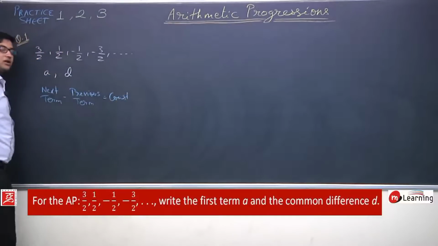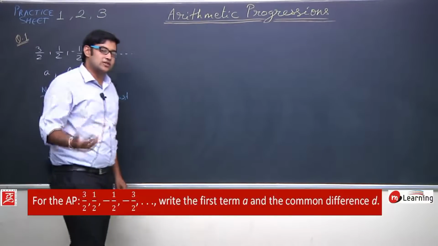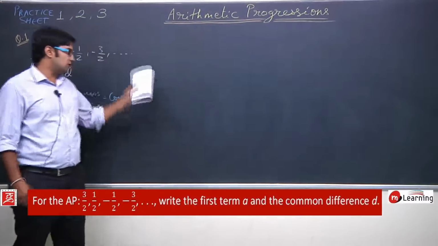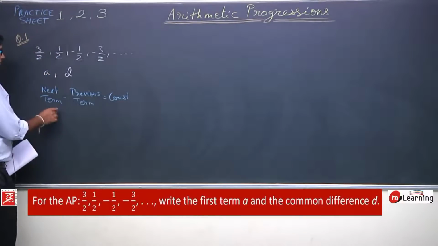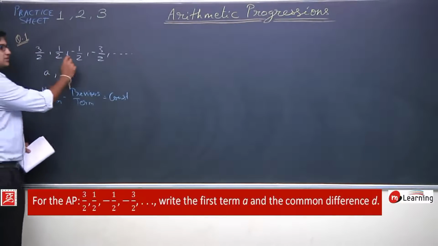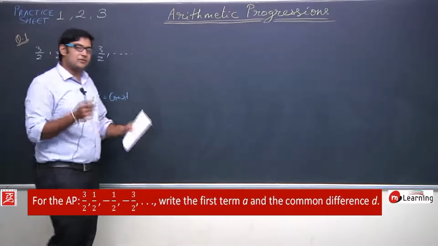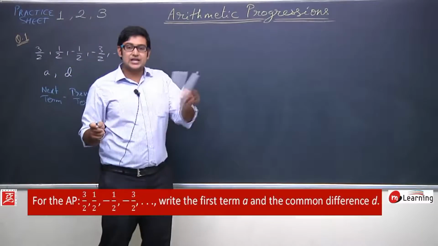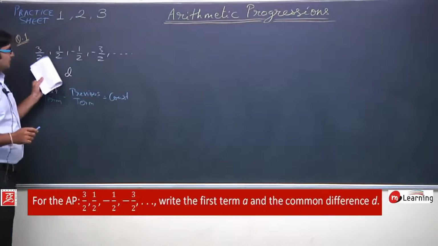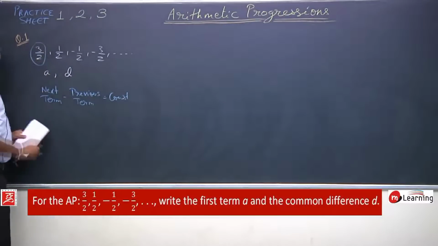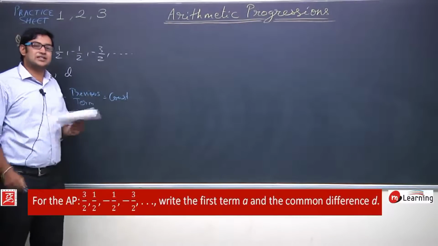This concept should hold for this particular series, this particular arrangement of numbers. Okay. So if I talk about first term, what will be the first term of this AP? The first term will be the term from which AP starts. In this AP we can see 3 by 2. From 3 by 2 this arithmetic progression is starting.